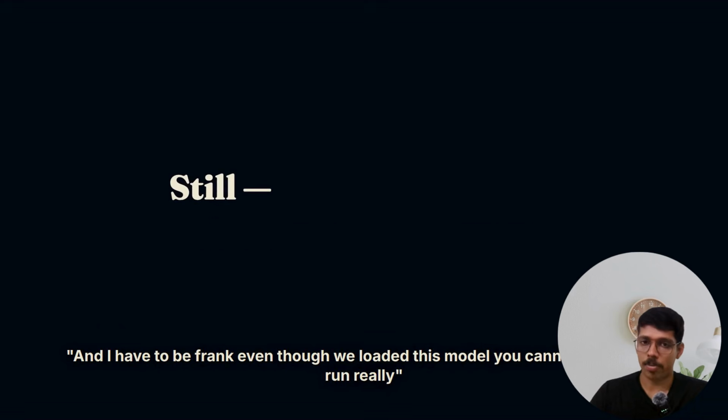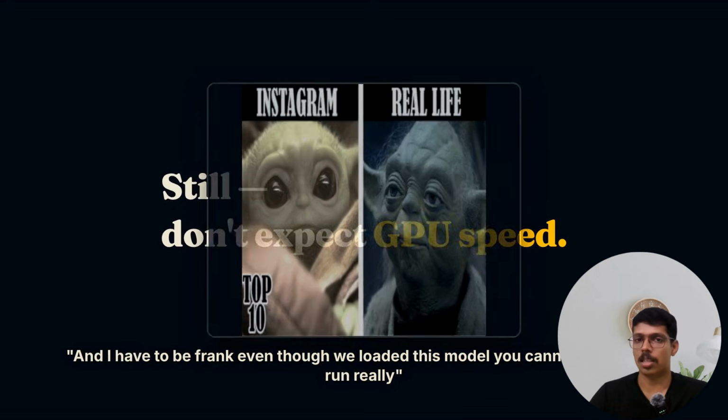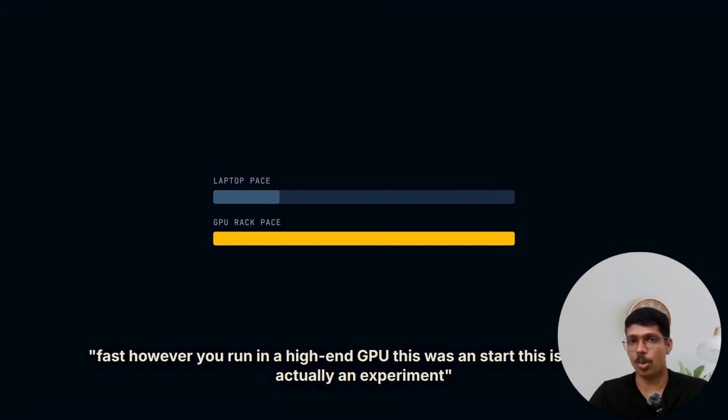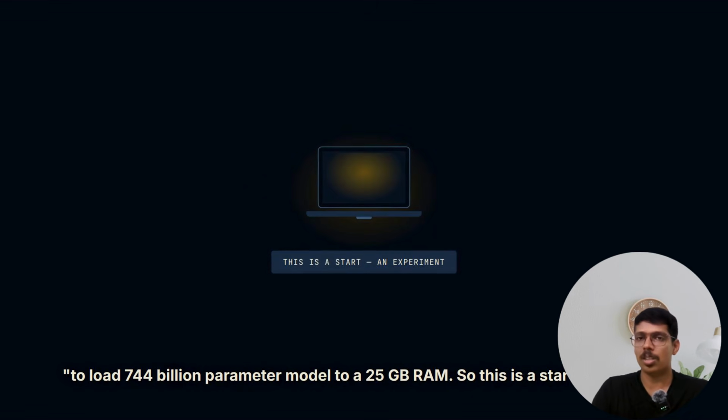And to be frank, even though we loaded this model, you cannot expect it to run really fast, as you would on a high-end GPU. This is a start. It's actually an experiment to load a 744 billion parameter model into 25 GB of RAM.